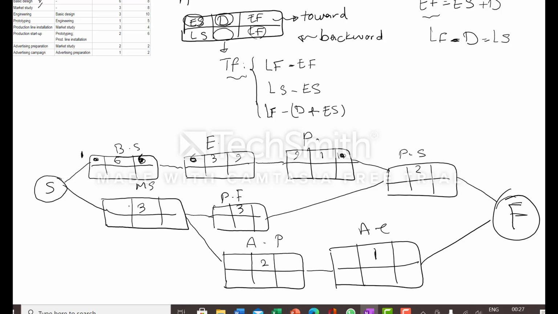And for market study, it starts at 0, plus 3 is 3, and we put 3 here. 3 plus 3 is 6.